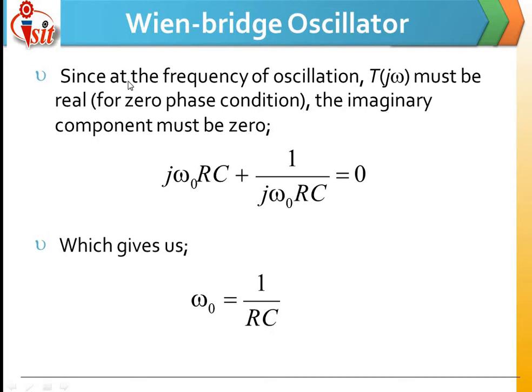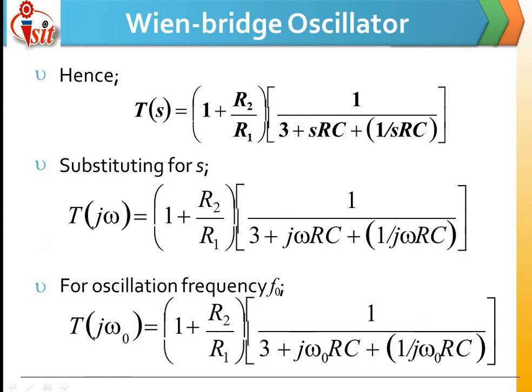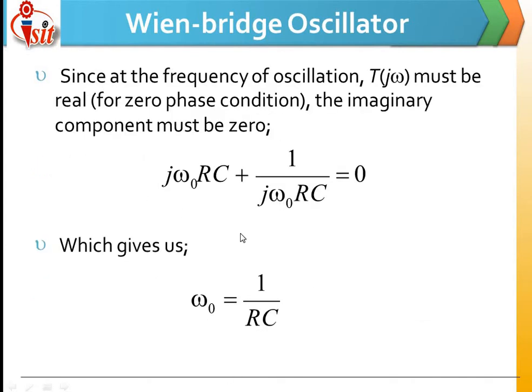Along with this Wien bridge output, at the frequency of oscillation T(jω) must be real for the zero phase shift condition, so the imaginary component must be 0. Imaginary components are the terms where we use that j terminology, and a whole number without j is the real part. So the j terms must be equal to 0.